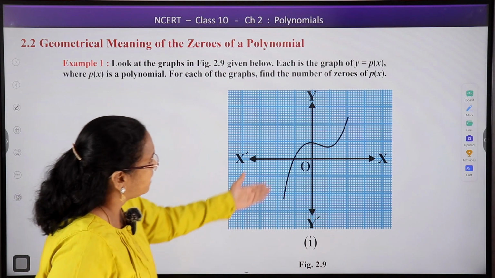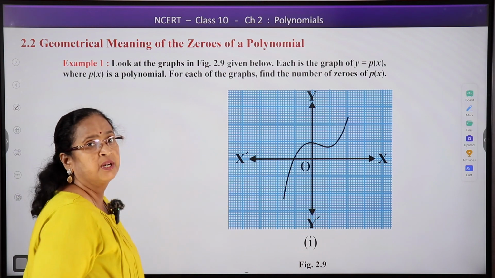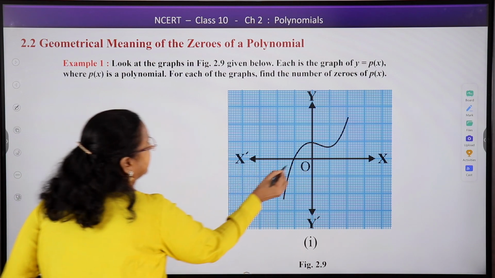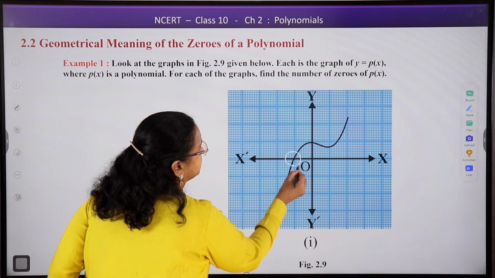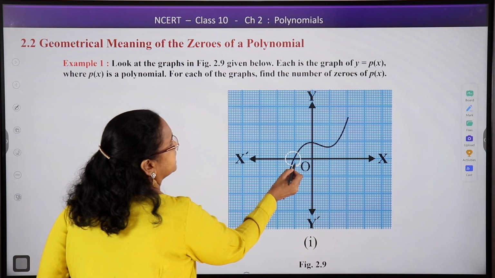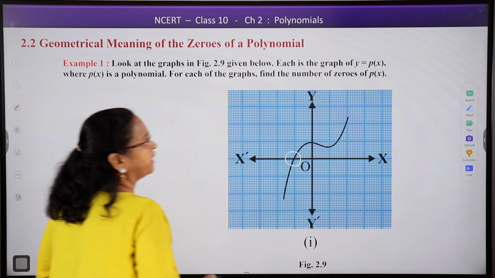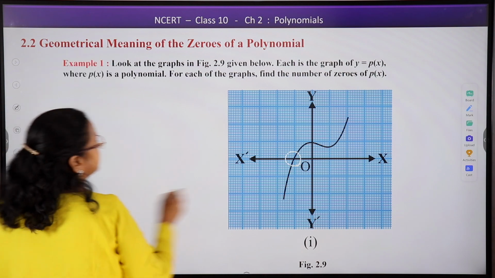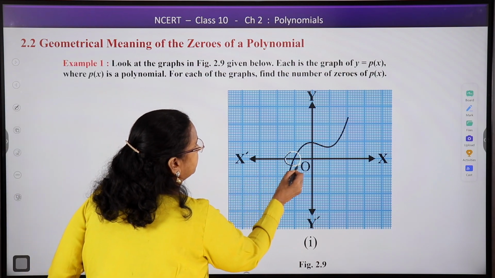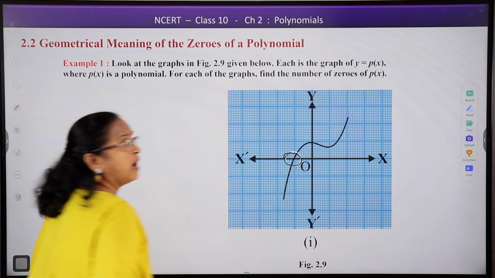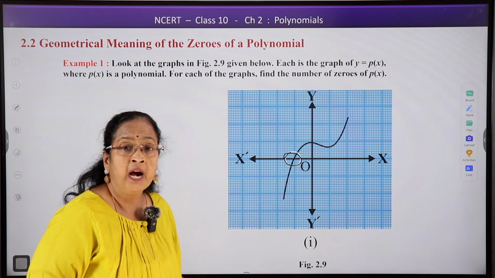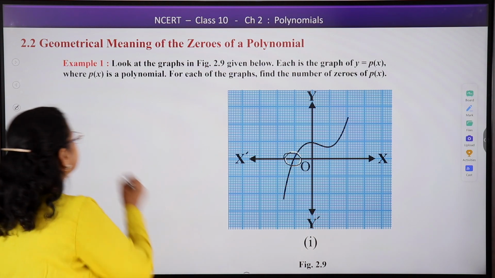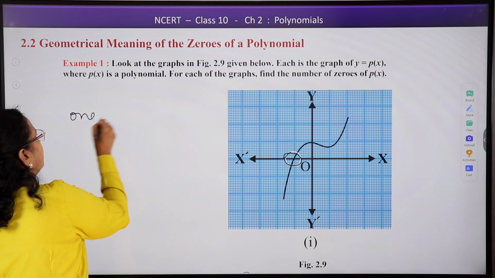Now this is the graph given of the first sum. Here we can see that it is touching the x-axis only at one point. So how many zeros of the polynomial? Correct, 1 zero of the polynomial.